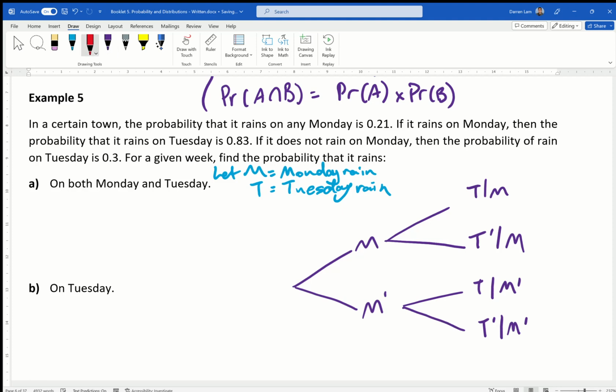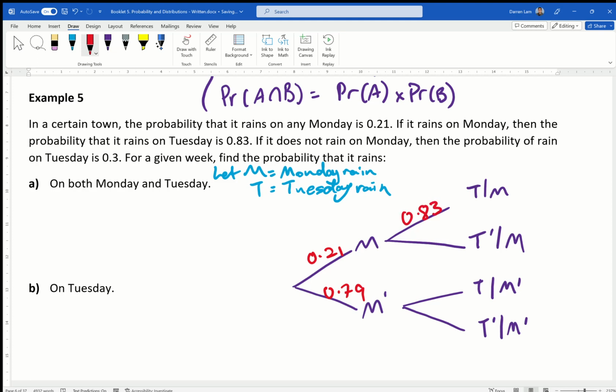I'm going to go ahead and label my probabilities. It says that the probability that it rains on any Monday is 0.21, so I'll label this as 0.21, and I'll fill in the gap for the one underneath. Of course, it either rains or doesn't rain, so it would be 0.79. If it rains on Monday, then the probability that it rains on Tuesday is 0.83, so that would be 0.83 as well.